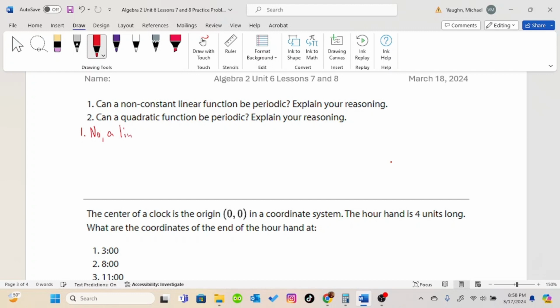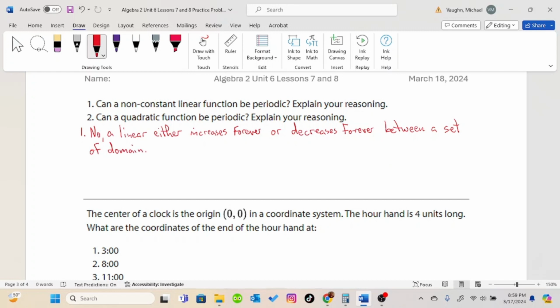A linear function either increases forever or decreases forever between a set of domain.